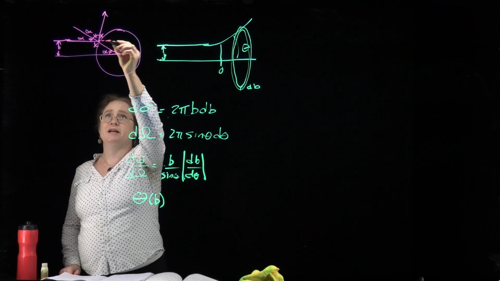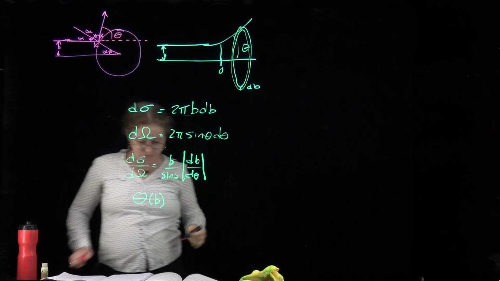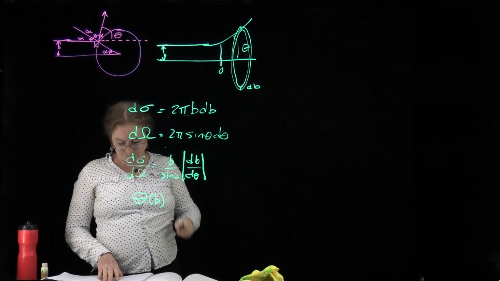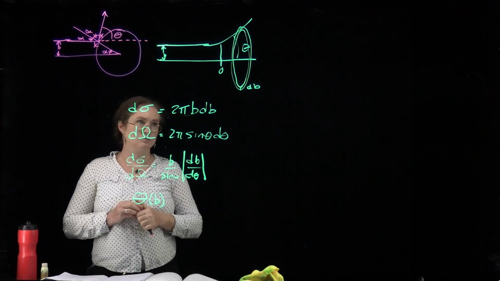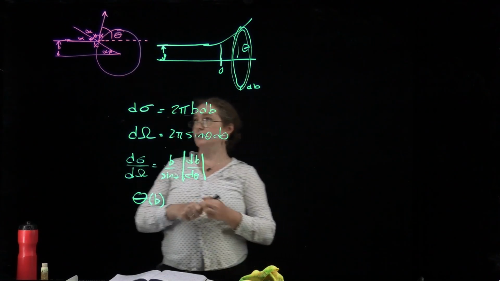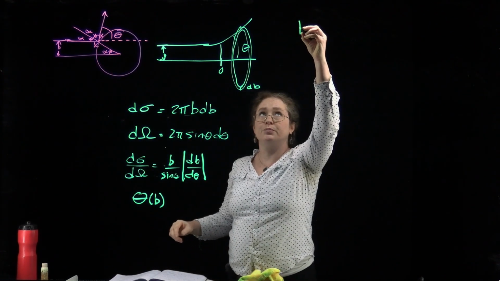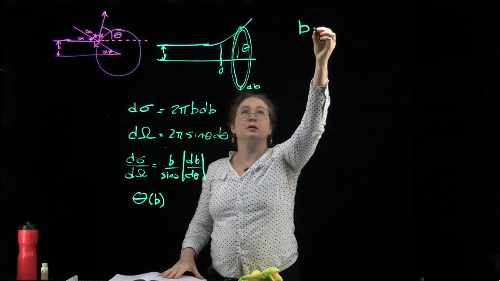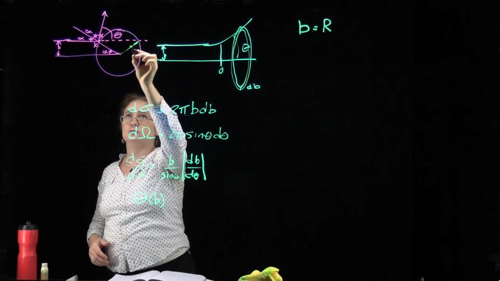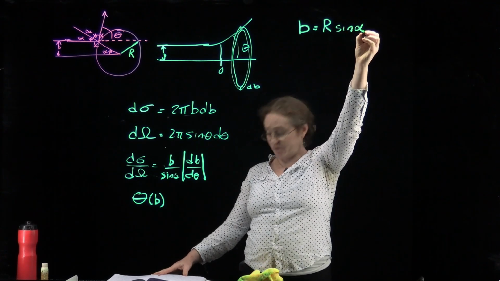But my scattering angle is not alpha, it is theta. So I can look at this and say that my impact parameter is equal to the radius of the sphere, this guy here, sine alpha.